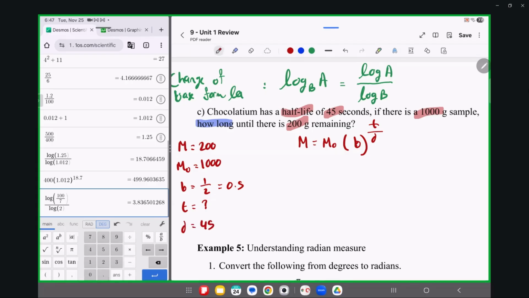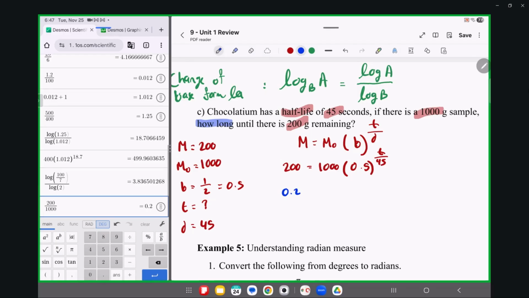And so writing down our equation, 200 is equal to 1,000 multiplied by 0.5 to the power of T over 45. Dividing both sides by 1,000, we get 0.2. So if you take 200 divided by 1,000, you get 0.2. Rewriting in logarithmic form, T over 45 is equal to log base 0.5 of 0.2.